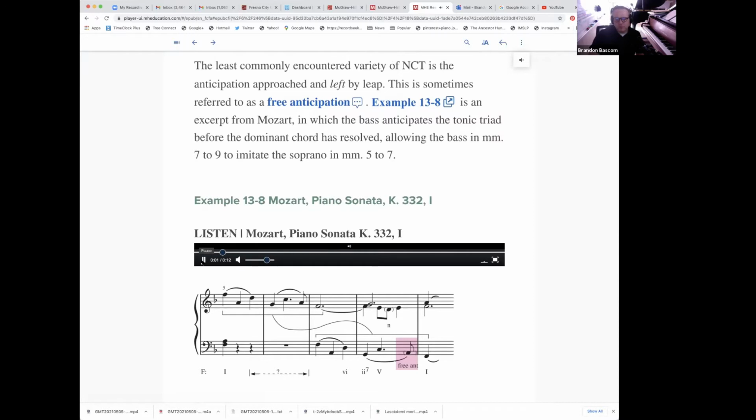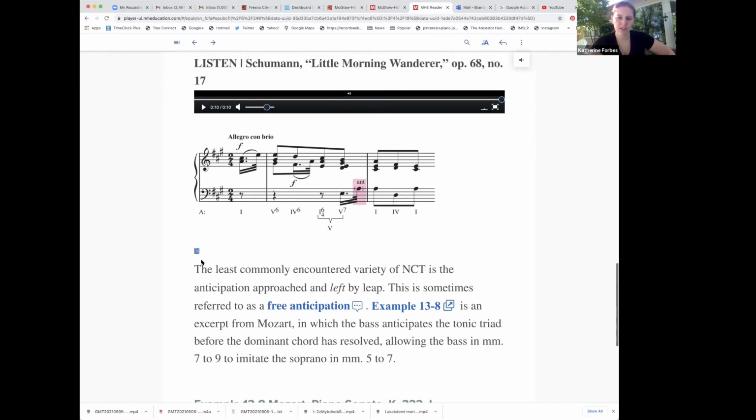Example 13-8. Is the other anticipation that leaps and then steps? Or go up one to the last one we just did? Same tone. Called differently?